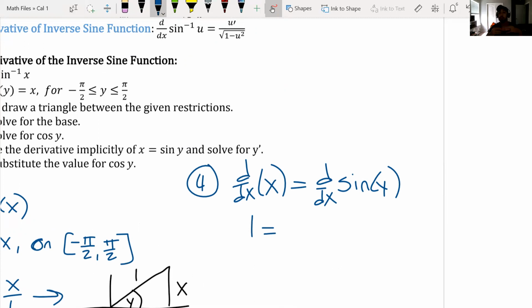The right side, we chain rule with implicit. So first, derivative of the outside, cosine y, times derivative, implicit derivative of the inside, y prime. Now, solve for y prime, divide by cosine y, I get 1 over cosine y equals y prime.